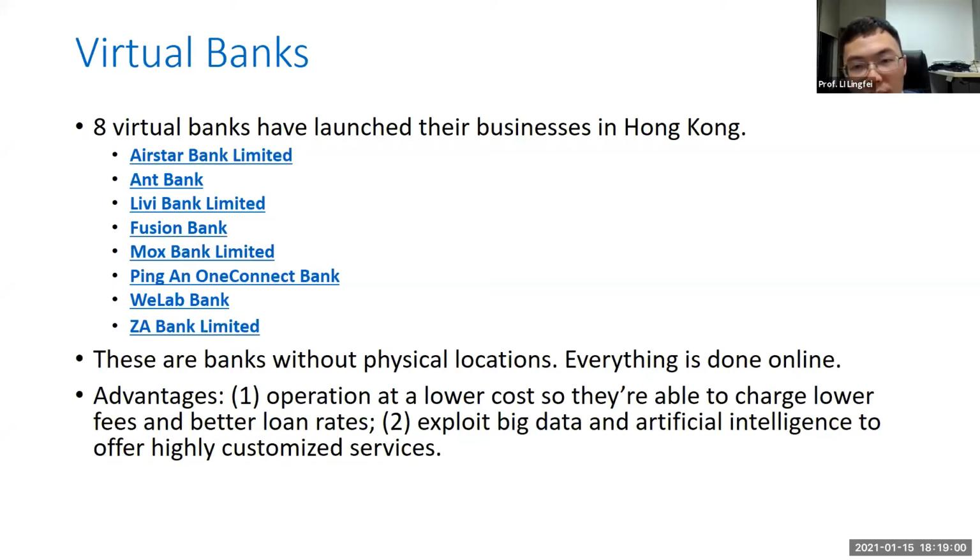This is the so-called customer-centric approach. The traditional banks are doing business in a product-centric way. They always design products and then they try to sell them. But for these virtual banks, they put their customers' needs in the first place. They're trying to do business with you by considering what you really need.